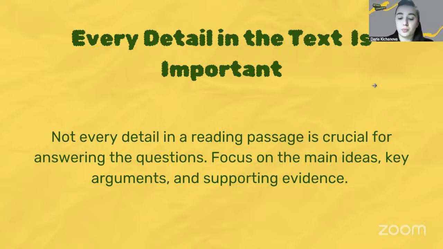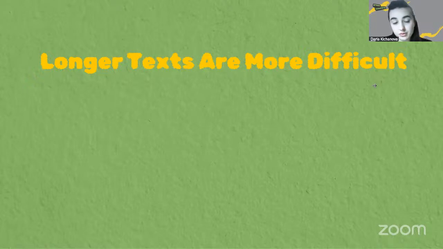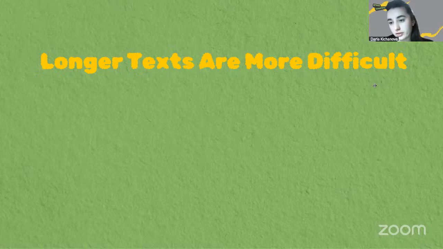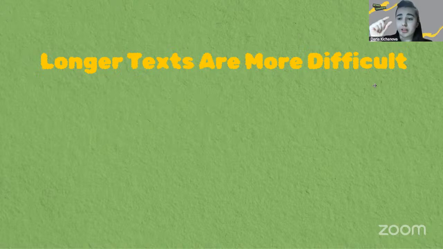Okay, so we are going to move on, and we are going to talk about the third myth, that longer texts are more difficult. At NMT, you can see that we have one big text, and six small advertisements that are really like 3 rows of text.